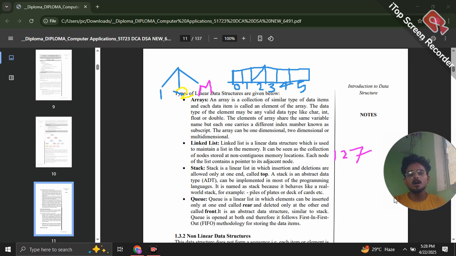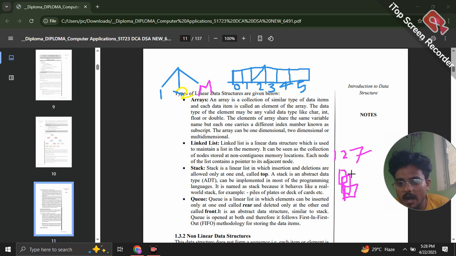So this is a stack, and insertion and deletion, for example, this is a card.